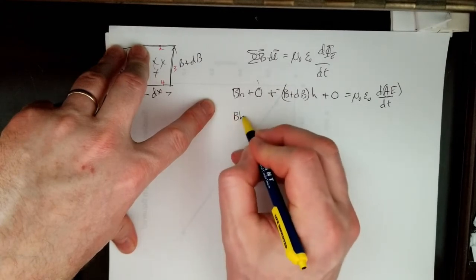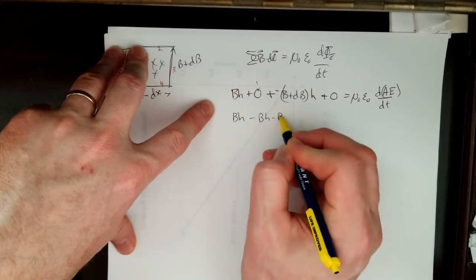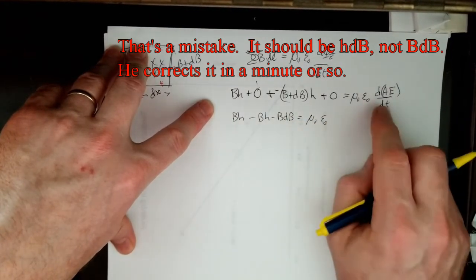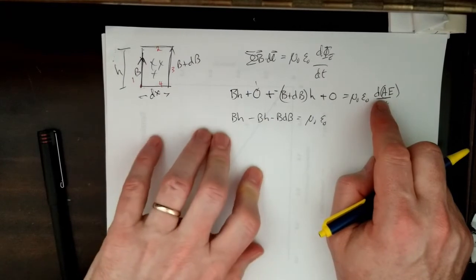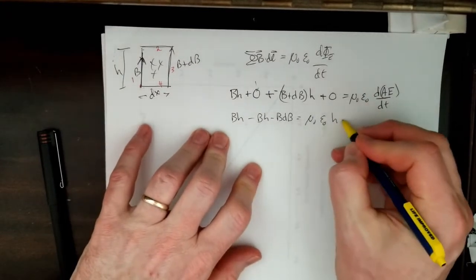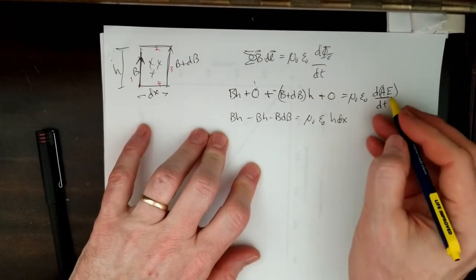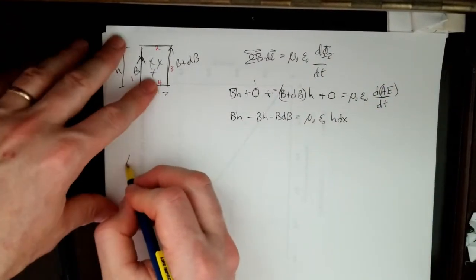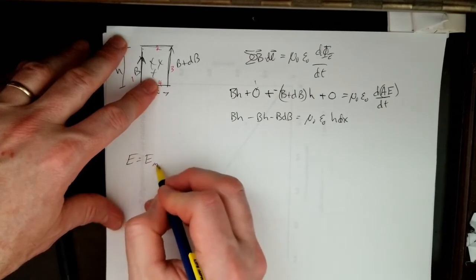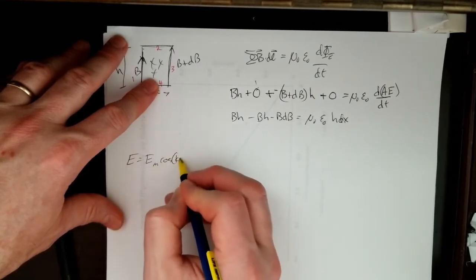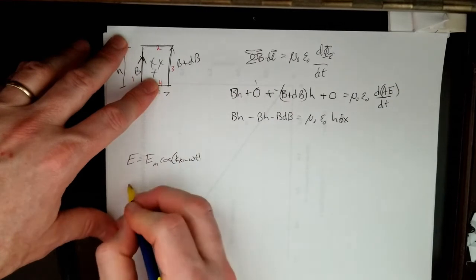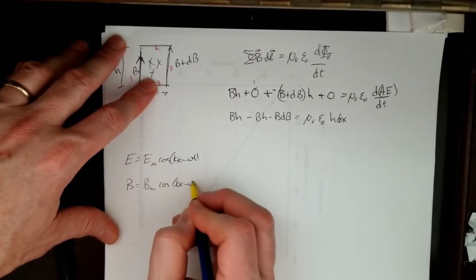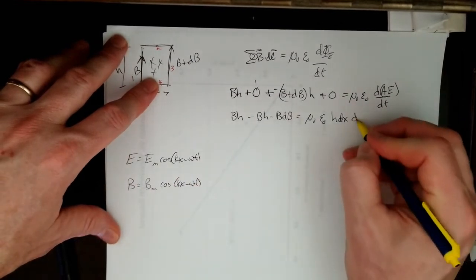So this is BH minus (B plus dB) H is equal to mu naught epsilon naught. My area is constant, so that is h dx. And then change in E with respect to time. Again, E equals Em cosine of kx minus omega t, and then B will be Bm cosine of kx minus omega t times dE/dt.